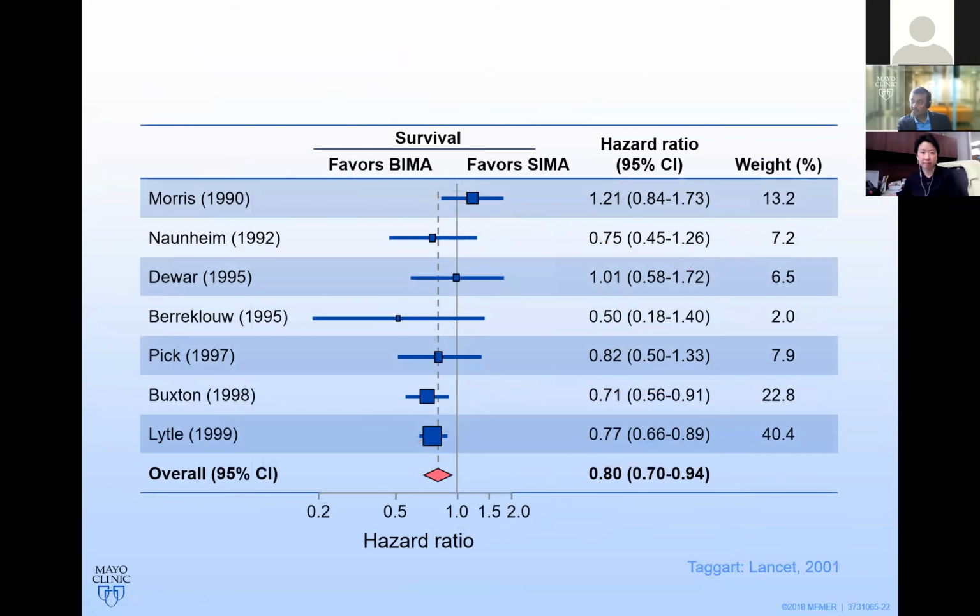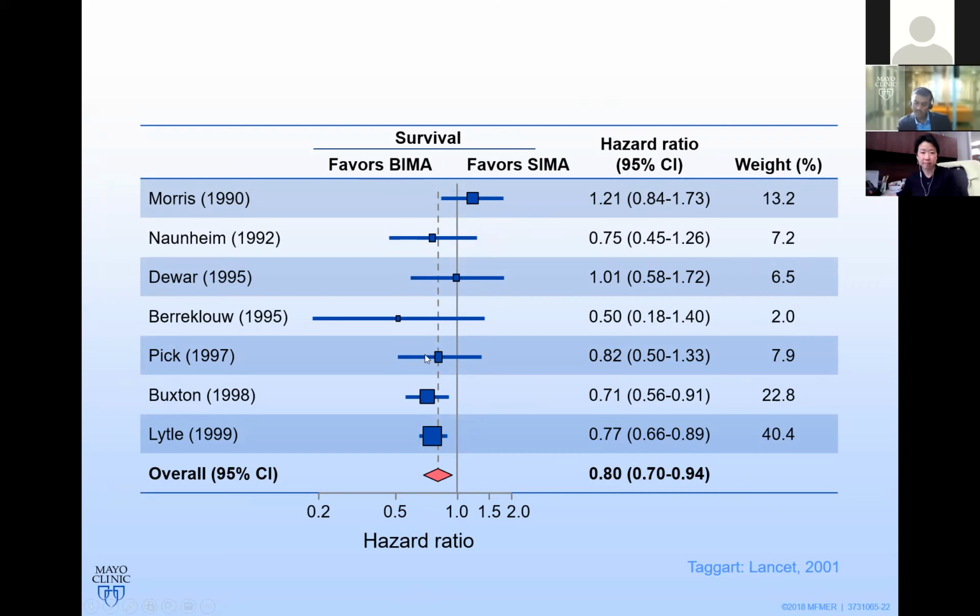So this was big. Another study was published in Lancet in 2001, which established that when you use BIMA, your survival improves. It was a meta-analysis with multiple studies included, and they found that the hazard ratio was very much in favor of bilateral internal mammary artery use.